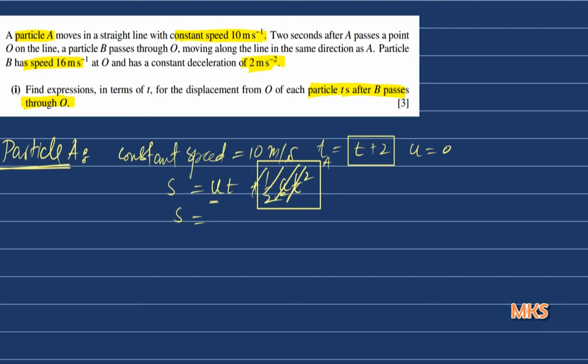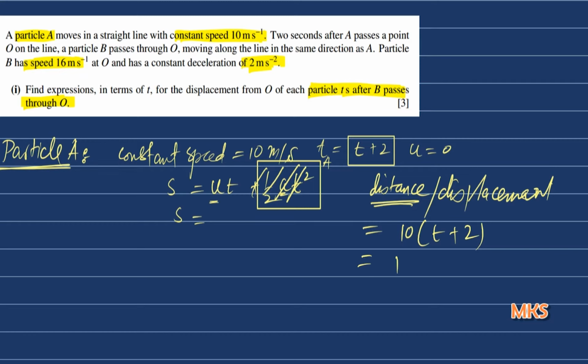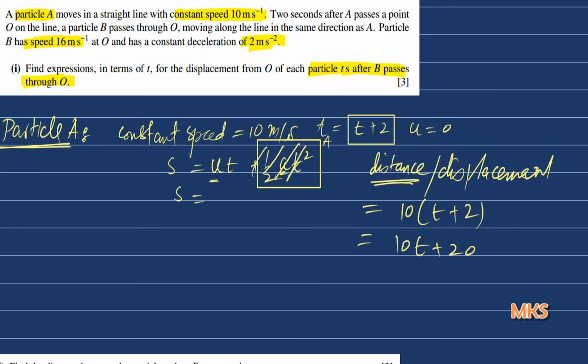So we can apply the simple formula: distance is equal to displacement, because particle A as well as particle B are moving on a straight line. That will be speed times the time, which will be 10t plus 20.